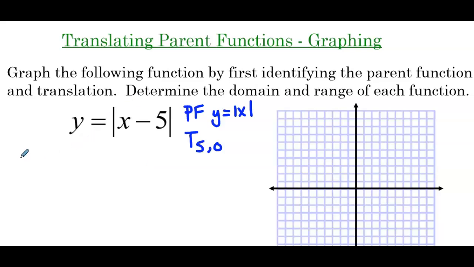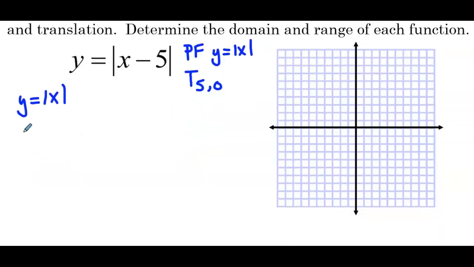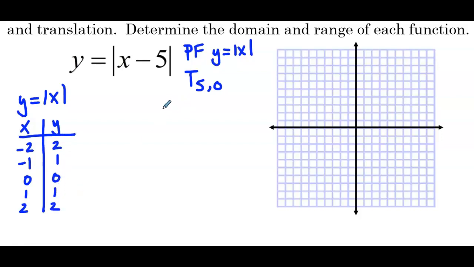And now we can set up a table of values for the parent function. So we have -2, -1, 0, 1, 2. So our y values are 2, 1, 0, 1, 2. And y equals the absolute value of x minus 5.